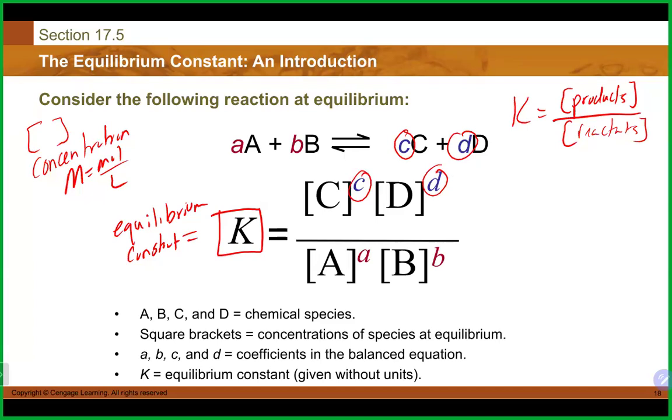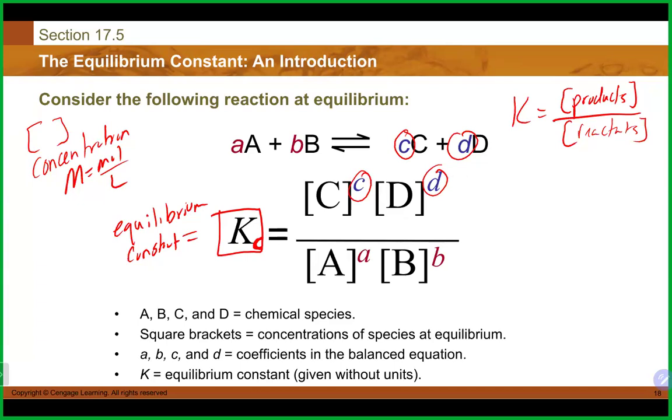This type of K is sometimes referred to as the Kc value, and it's a Kc value because we're using concentrations. You could also do this if there were gases, for example, and all these were gases.